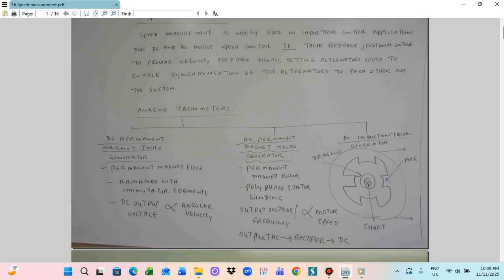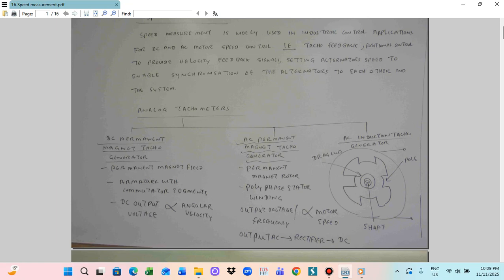Similarly, the AC permanent magnet tacho generator includes a permanent magnet rotor and a polyphase stator winding.